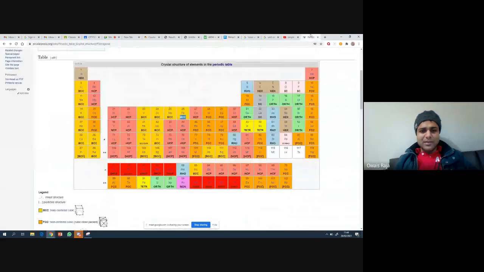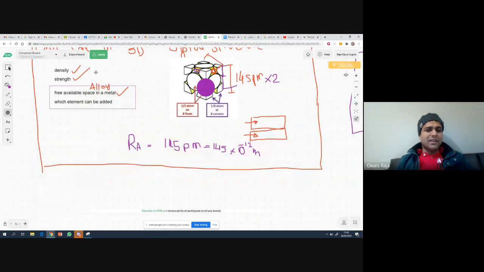The reason is that these are more densely packed. Their packing factor is higher, hence they have higher density. It also tells you which one has more strength, because if the lattice structure is difficult to break, then it has more strength.